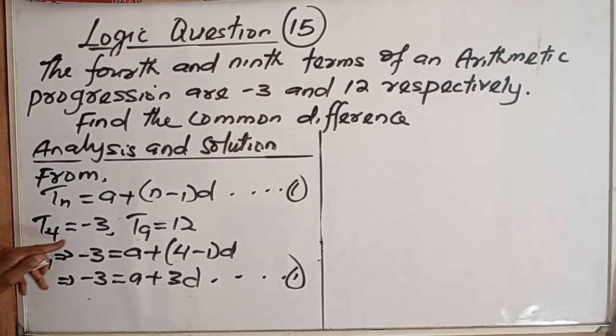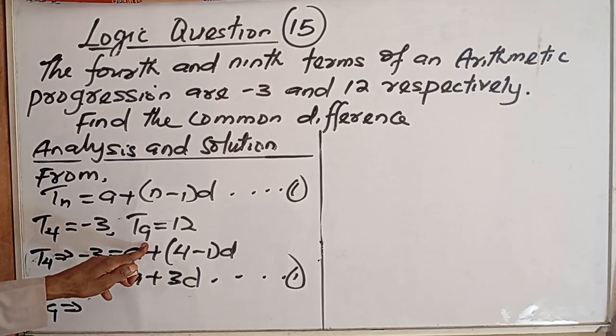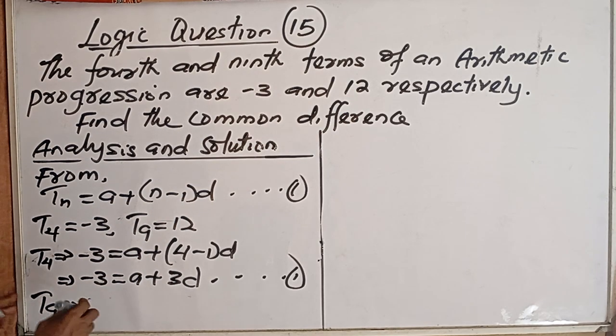Also let's consider T9. What is the position of T9? It's the ninth position, and the value on the ninth position is 12. So 12 equals A plus, 9 minus 1, times d.